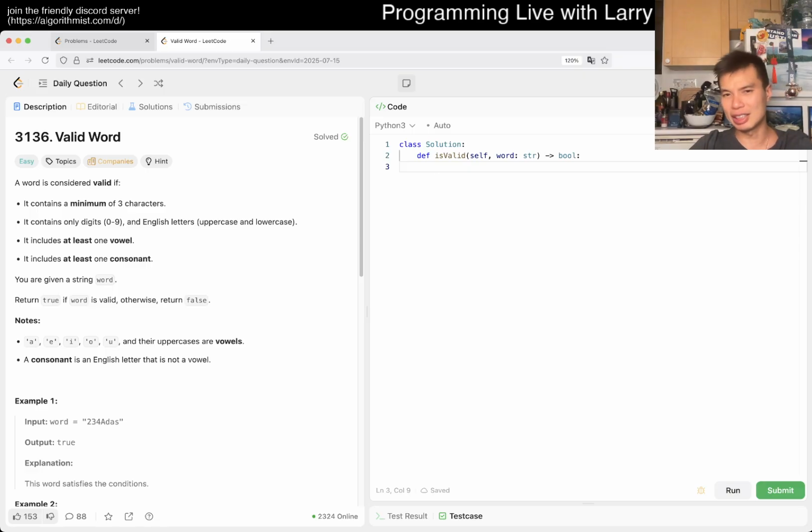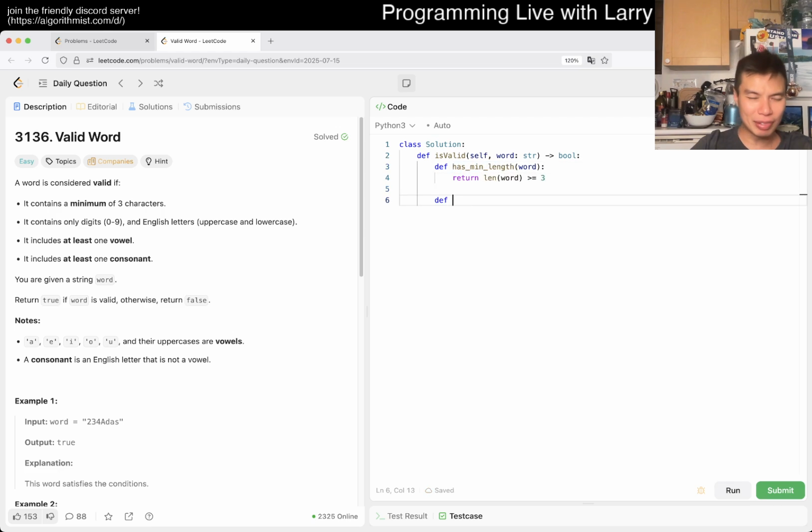But in this case, it is just a lot of conditionals. You could even put it into different rules, like has min length, of a word, where its length is greater than or equal to 3.